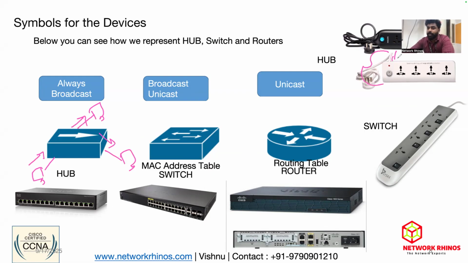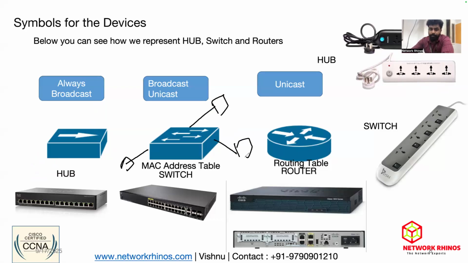It's like this hub. If power is coming in, power will go out of all the ports, right? You cannot control it. You cannot tell, hey, I want power only in this port. Not possible. Unlike your switches. Switches can do both broadcast as well as unicast. When I say this, we have three PCs connected again, like this. If PC1 is sending traffic, we can tell it has to go only to PC2.